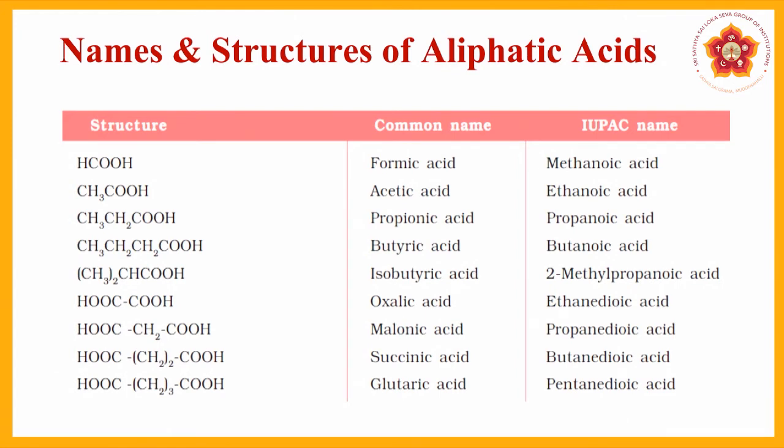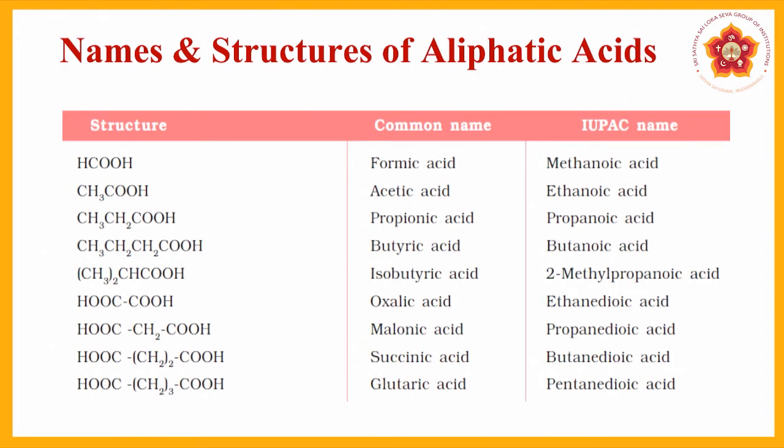Once again, if you see the compound, there are in total 2 carbon atoms, so the name eth stays on. Ethanedioic acid. The di word is there because in total we have 2 COOH groups. Earlier it was ethanoic acid for 1 COOH group. Now if it is a 2 carbon system, we name it as ethanedioic acid because 2 COOH are there.